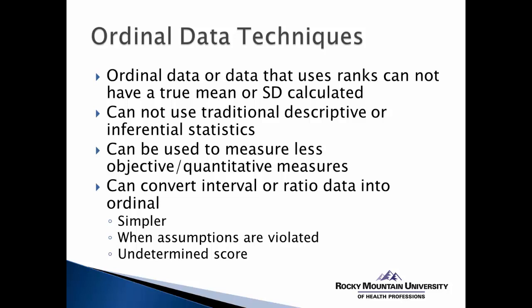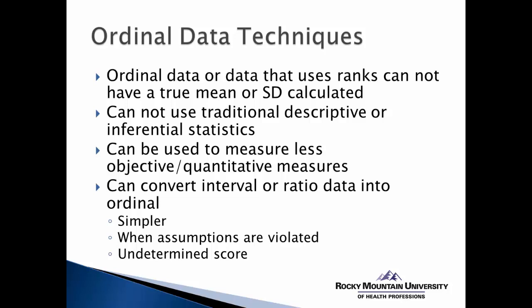Very often interval or ratio scale data is naturally skewed, and we can still analyze that data. What these formulas do is take that interval or ratio scale data and convert it into a rank, convert it into ordinal scale, and then it can be analyzed.